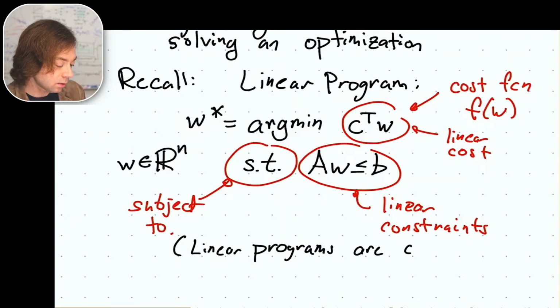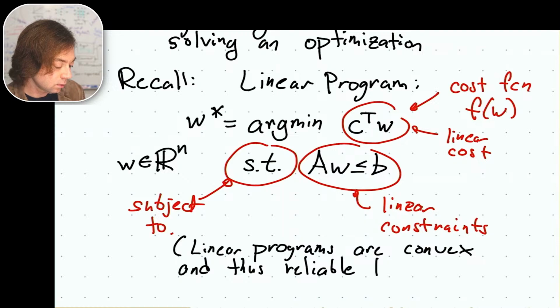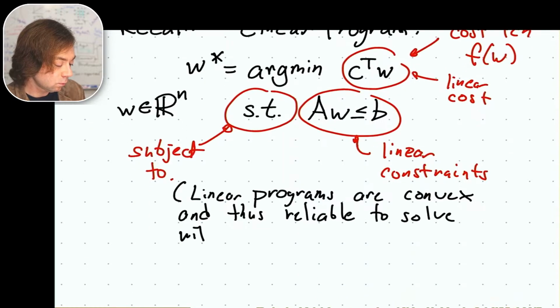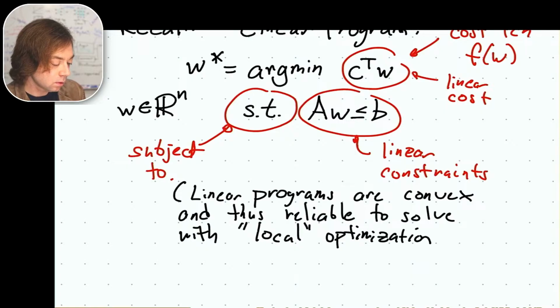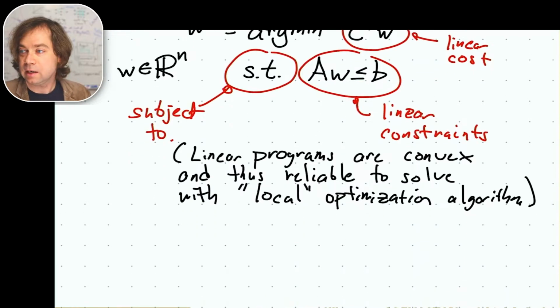Linear programs are convex, and thus reliable to solve with local optimization algorithms. Remember, they don't have any nooks or crannies to get caught in their cost function.